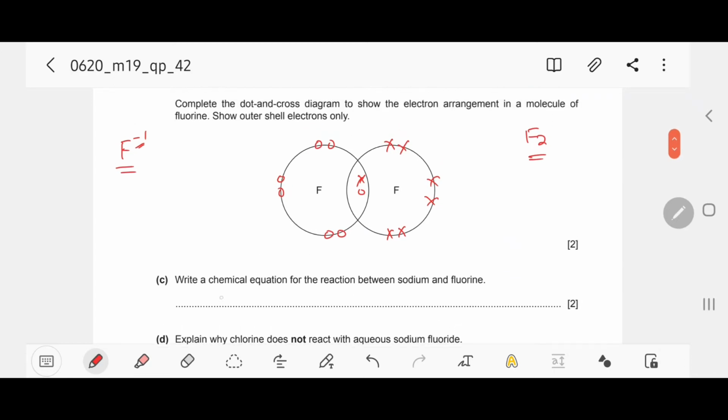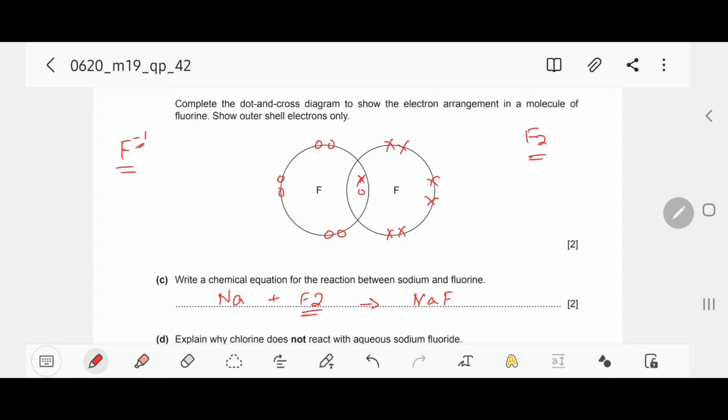So this is written: write a chemical equation for the reaction between sodium and fluorine. So Na is +1 and F2. F2 is always F2 because it's a diatomic molecule. So it will form NaF. For balancing, remember to balance at the end.